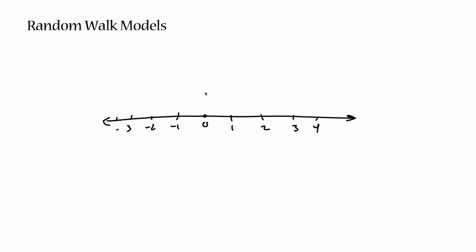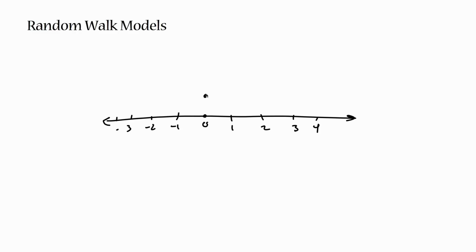So in a one-dimensional random walk, the process starts at 0. Every time point you flip a coin, and if it's heads, I go to the right 1 step, and if it's tails, I go to the left 1 step. That's a simple random walk.